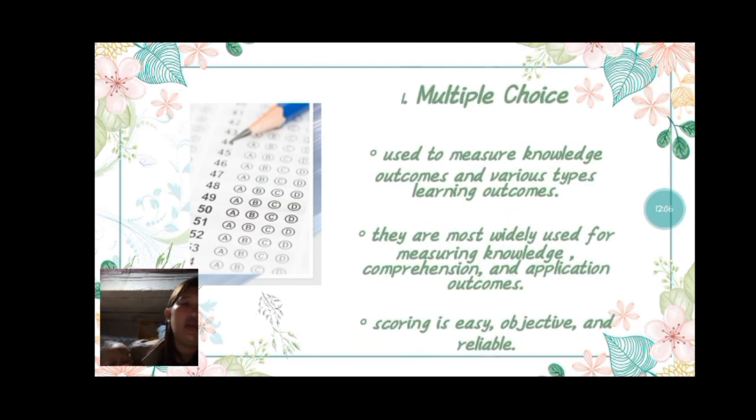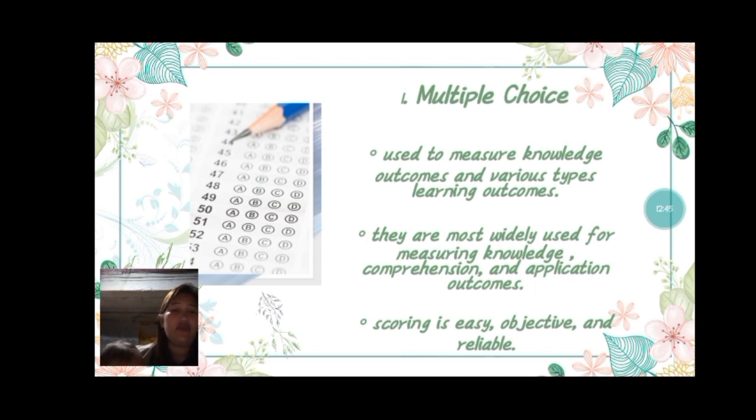Multiple choice is used to measure knowledge outcomes and various types of learning outcomes. They are most widely used for measuring knowledge, comprehension, and application outcomes. Scoring is easy, objective, and reliable. So, multiple choice is one of the easy to score assessment tests. It is used to measure the knowledge of the student or pupil because it also involves comprehension.